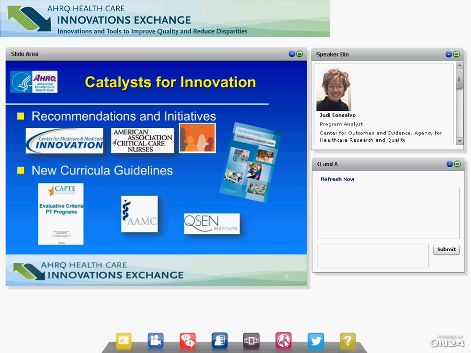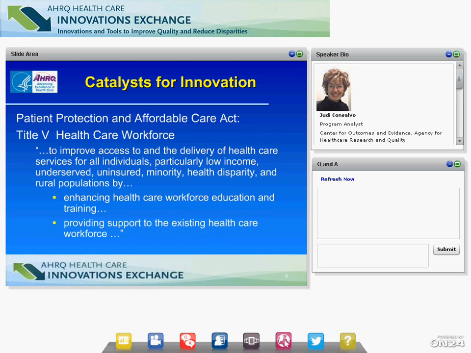The health reform law also has been a catalyst for innovation. Title V focuses on healthcare workforce. Specifically, the ACA calls for an increased emphasis on the education and training of the healthcare workforce to improve care through innovation. Note the health disparities focus within the workforce section as well.